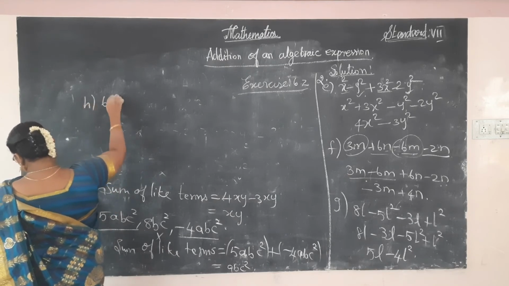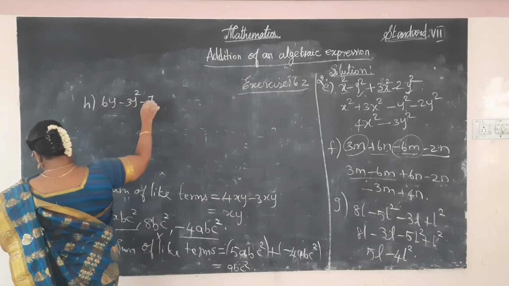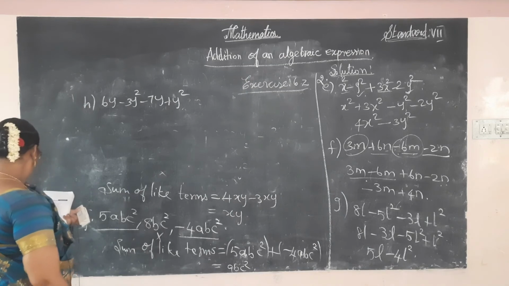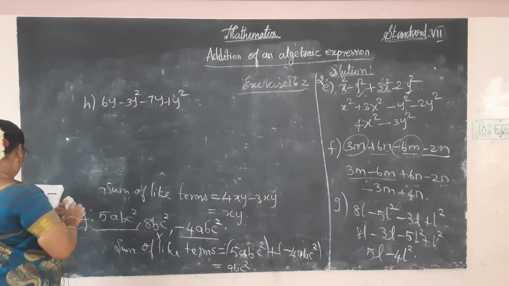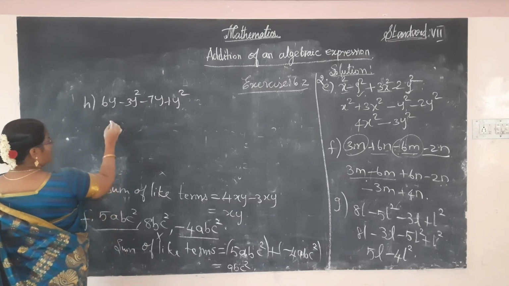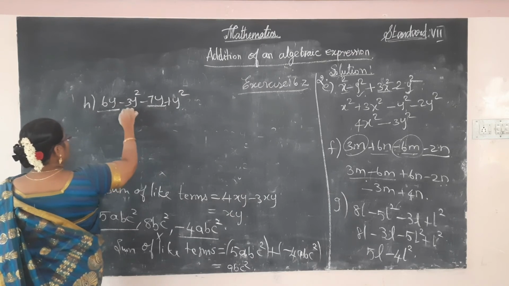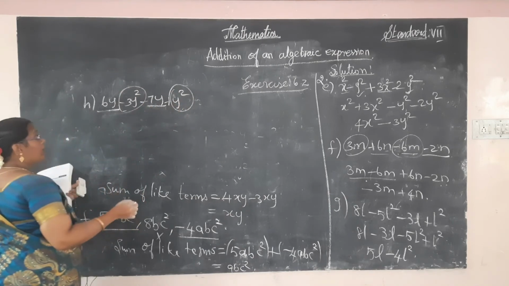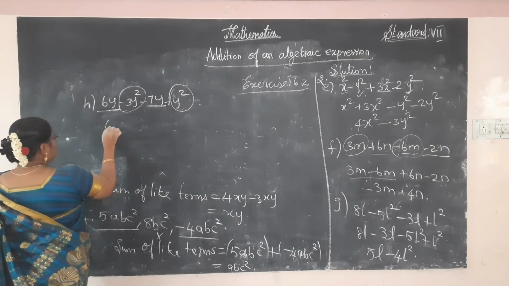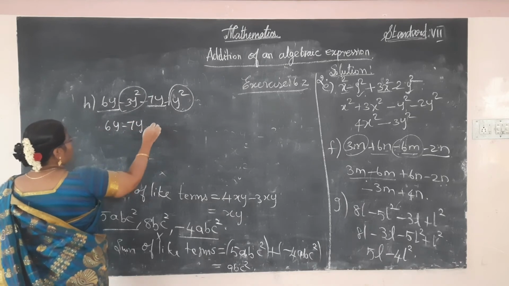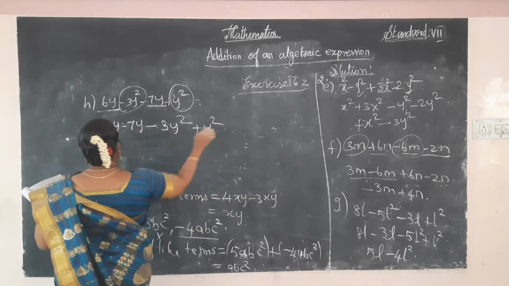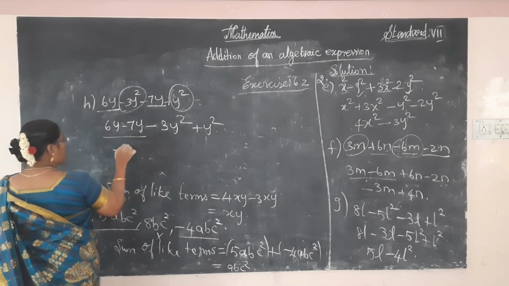And next one, H: 6y minus 3y squared minus 7y plus y squared. Arrange the like terms: 6y minus 7y, and next minus 3y squared plus y squared. Different signs, subtract and put the greater number sign, so minus y.